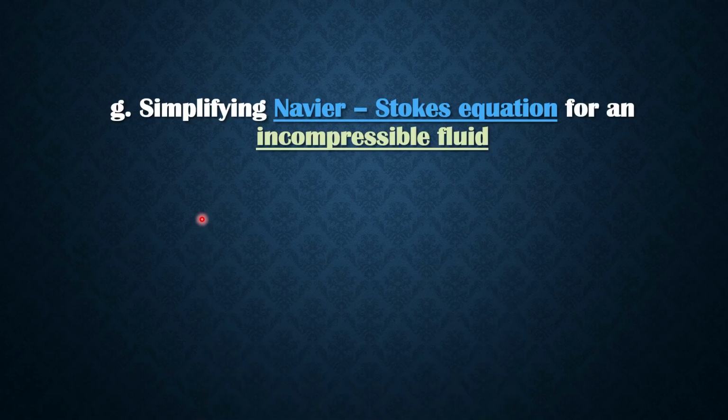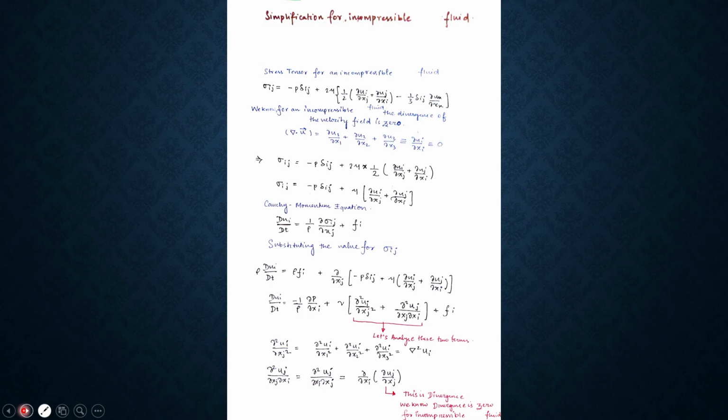Now proceeding on to the final simplification, simplifying the Navier-Stokes equation for an incompressible flow. From the continuity equation, I have established that for an incompressible flow, the divergence of the velocity field would be 0.